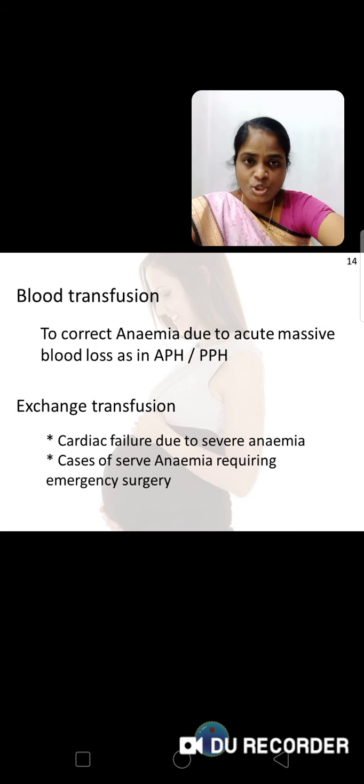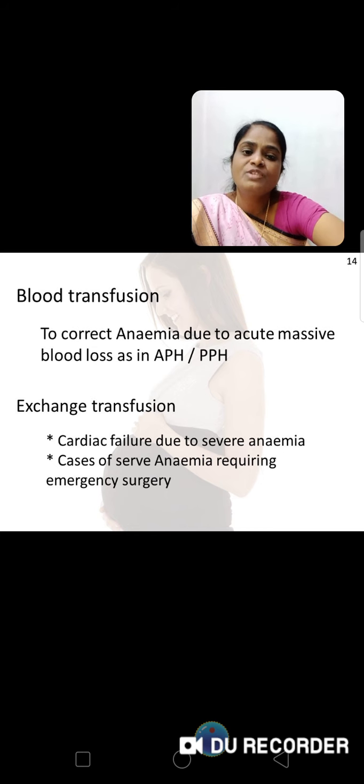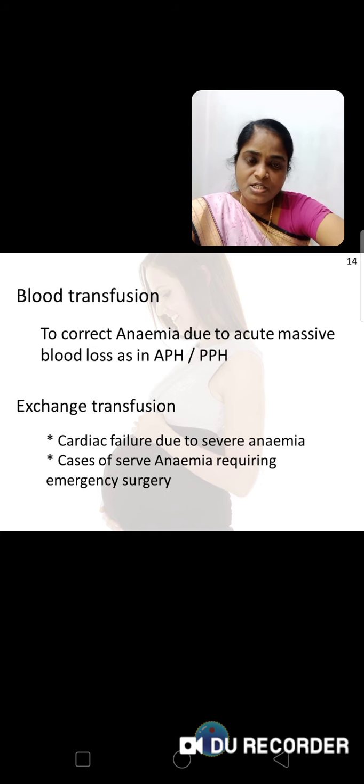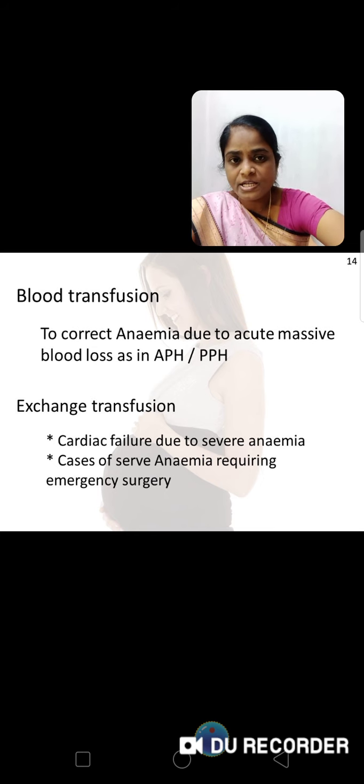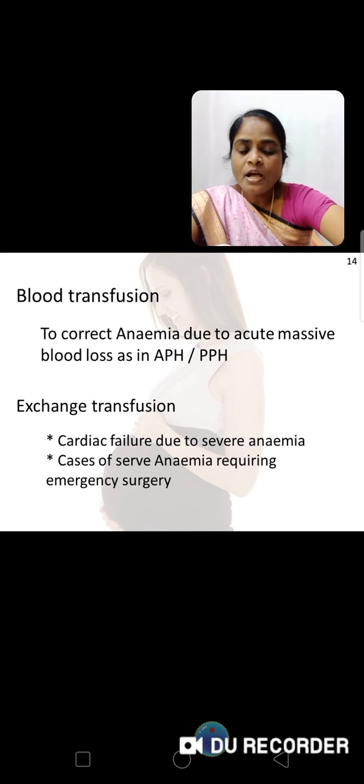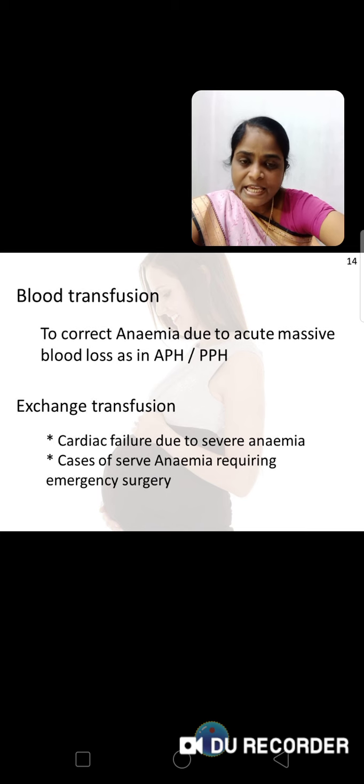And then nutrition, so nutritional deficiency, the inadequate intake of iron, so we have to concentrate on the nutrition, very important. And the health education, the mother has to get the balanced diet and dietary advice. And through that we can find out the edema, preeclampsia, identification of APH, all these things, the fluid volume deficit.